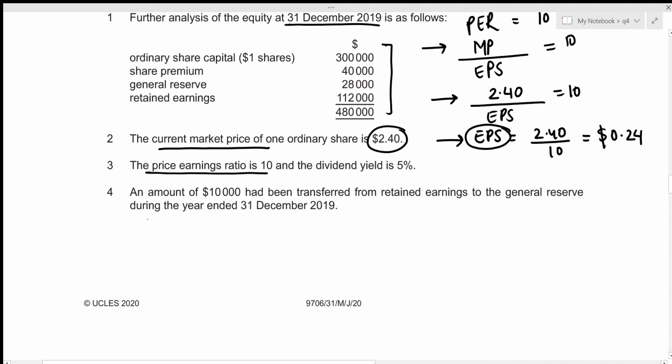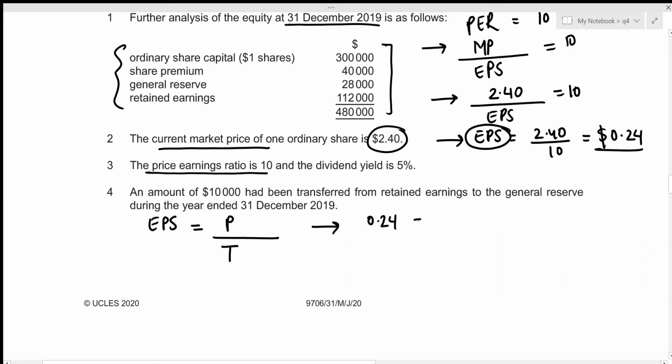Okay, so now we need to solve this ratio as well. So what we know is that earnings per share is just the profit for the year minus any preference dividends. But we can see that there are no preference shares, which means that there will be no preference dividends. So we can completely ignore that factor, divided by the total number of shares, right? So we have the earnings per share value to be 0.24.